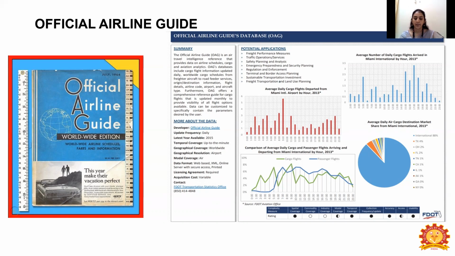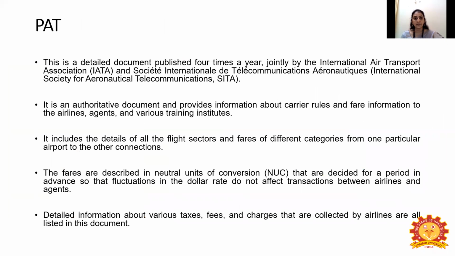Following that, there is another guide, the Passenger Air Tariff Manual. This is similar to the Official Airline Guide, but it is focused towards passengers. The Official Airline Guide pertains more to the airline and travel organizations, but this manual is specifically focused towards the passengers.